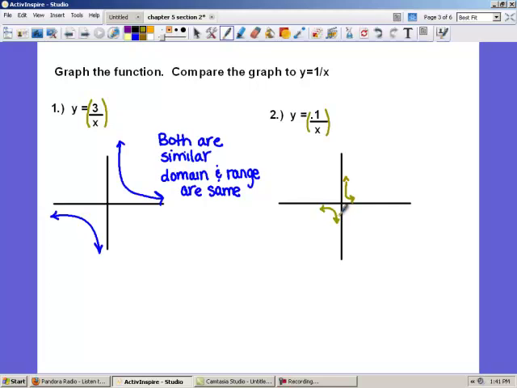So if you have trouble seeing this, I can help you when you get to the problems. But if you look at this graph, even though it's very small, it still has the same domain and range because the asymptotes are the same. So we're going to write very tiny, or you can put very small, it doesn't matter. But domain and range are still the same.